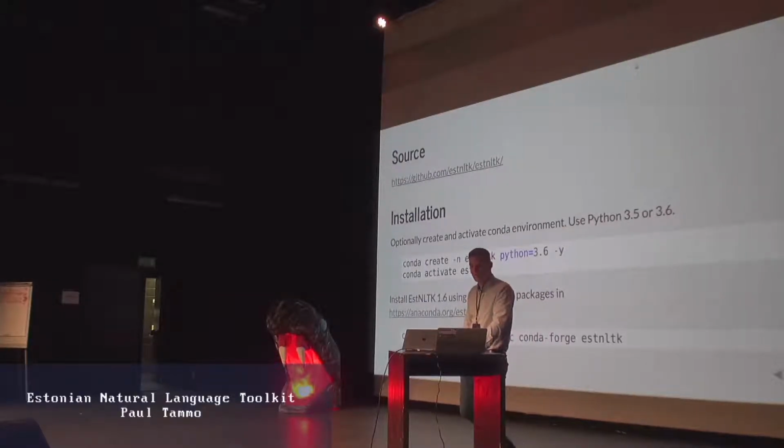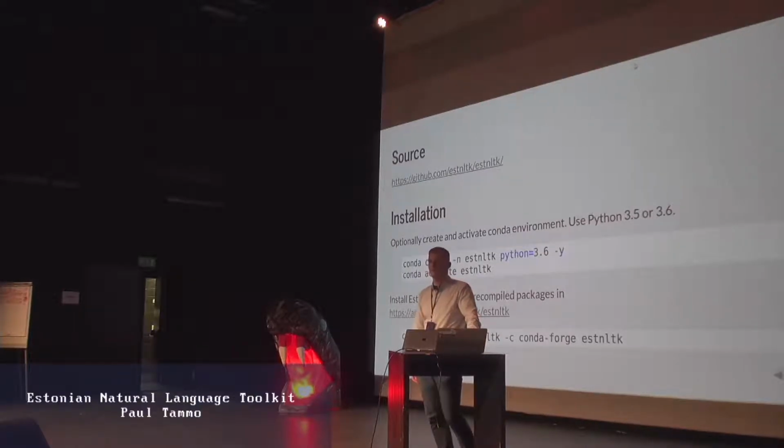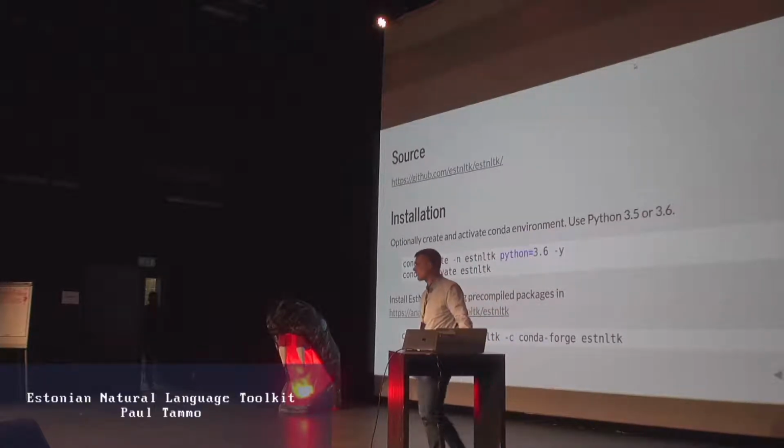Currently the installation packages work for Python 3.5 and Python 3.6, which concerns the newer version 1.6. The older version 1.4 of this toolkit is also available, but I don't know much about 1.4.